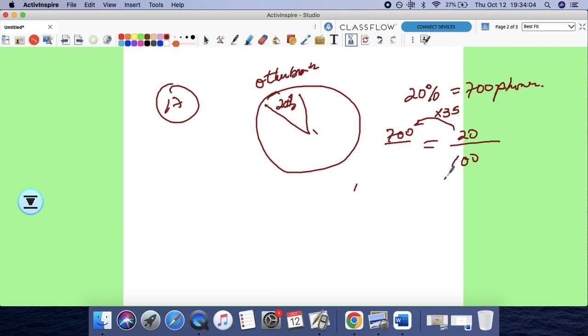So we're going to multiply this, or you can cross multiply, it's okay. Times 35, and this one would be 3,500. So everything else, the total is 3,500. So how many smartphones did he sell together? The answer is D, 3,500.